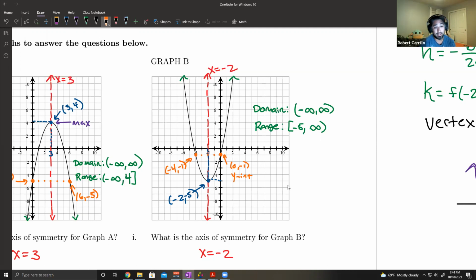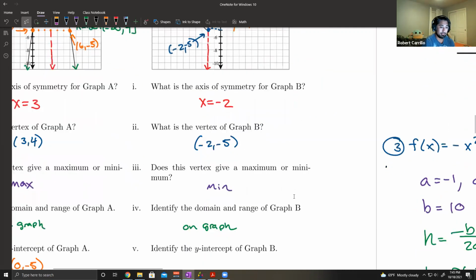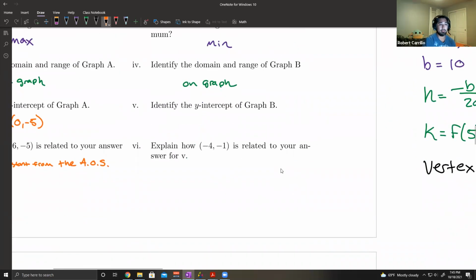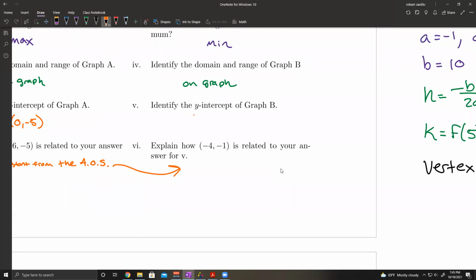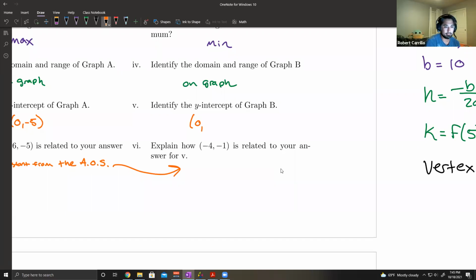Yes. That's it. You can reflect them over. So that answer goes there too. We could just put that they're symmetrical over the axis of symmetry.